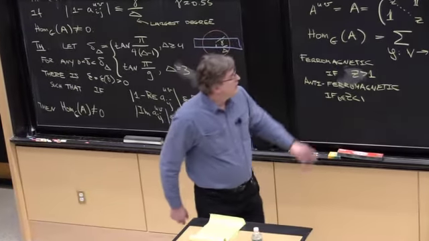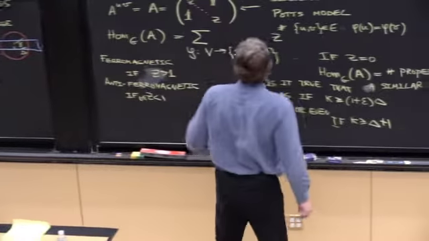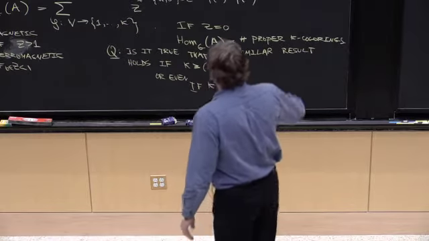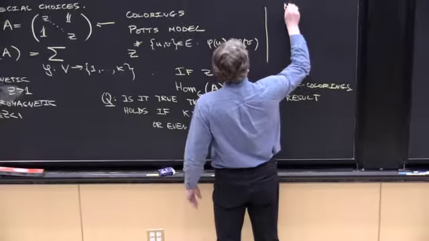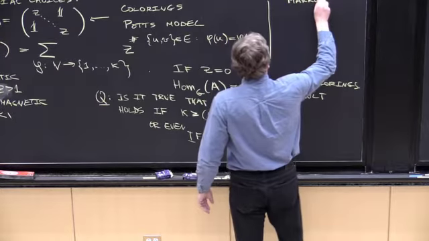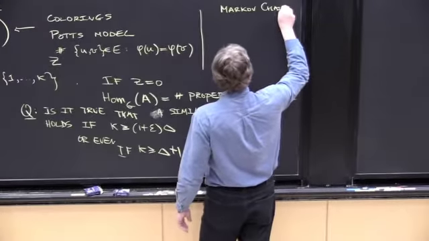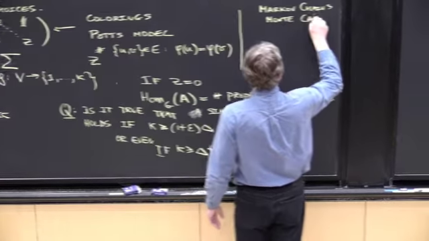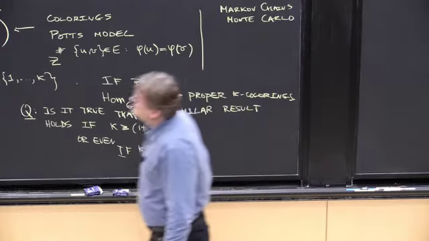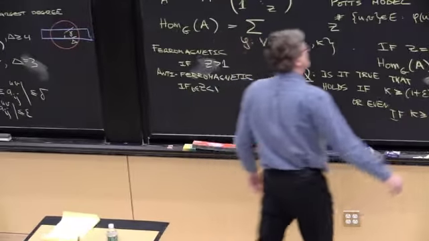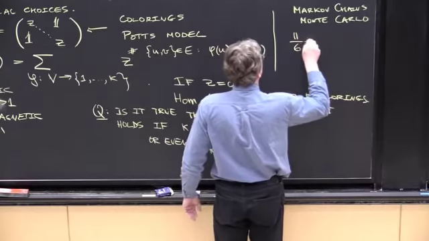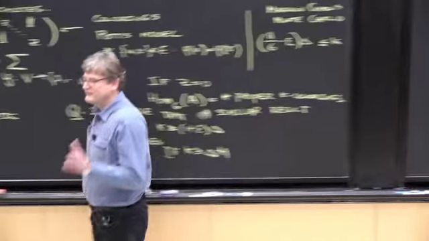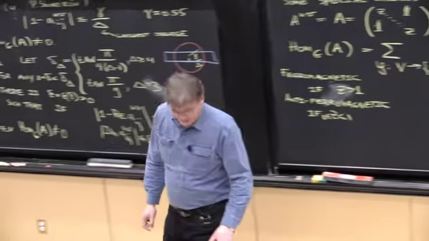So it's still inferior to what you can get by correlation decay, and also inferior to what you can get from Markov chains, randomized Monte Carlo, which gives you 11 over 6 minus epsilon times delta. Right, so epsilon is small but positive.